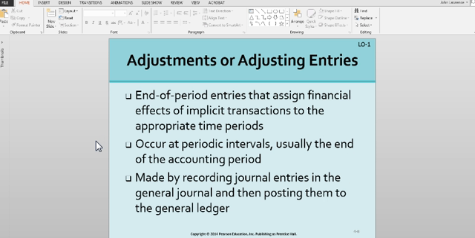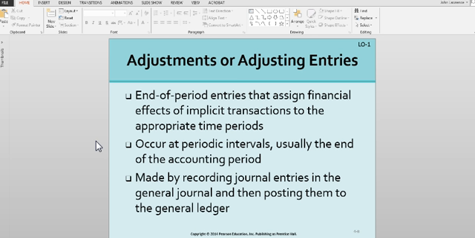Moving on. With implicit transactions, at the end of each accounting period, which most often is a month, may at sometimes be a quarter, and also could be on an annual basis, that's when that accounting entry is made. You make a specific journal entry.